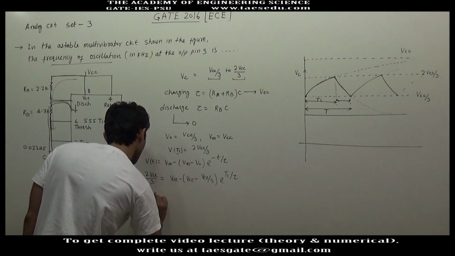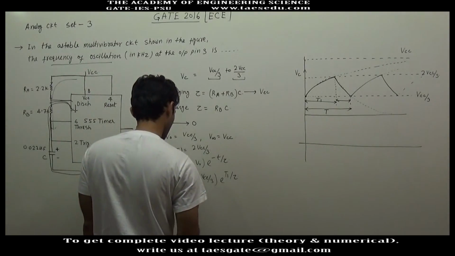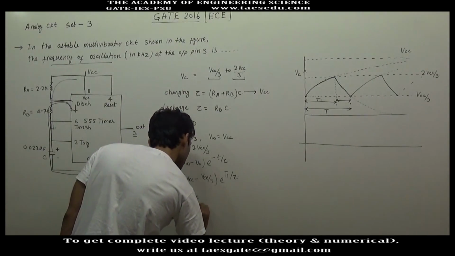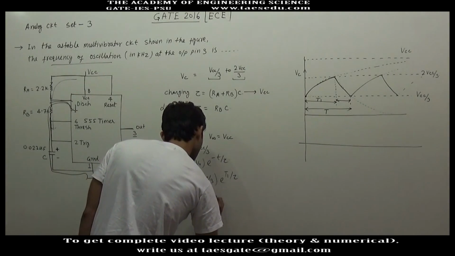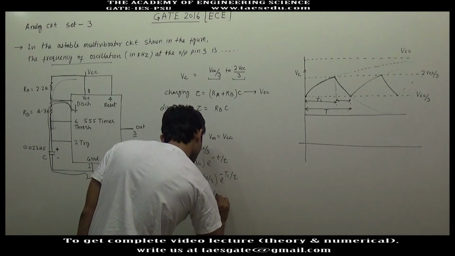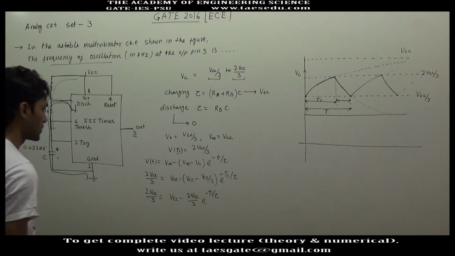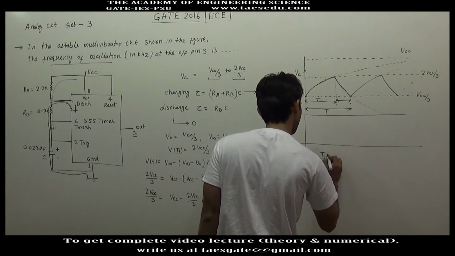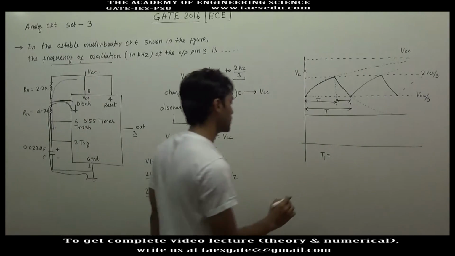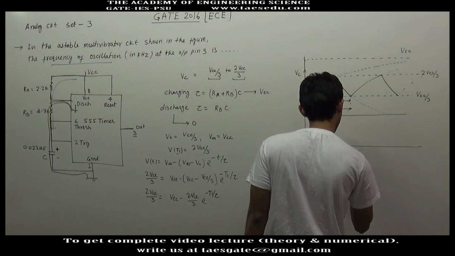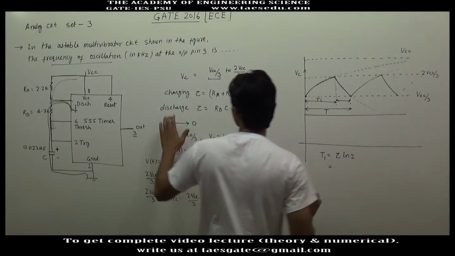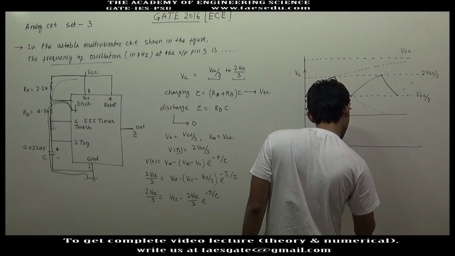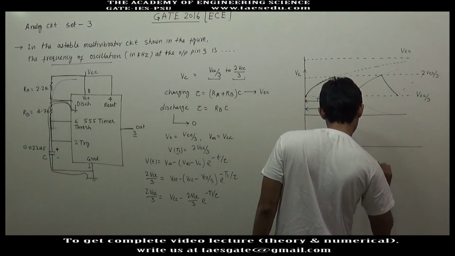This will be 2 VCC by 3 equal to VCC minus 2 VCC by 3 into e to power minus t1 divided by tau. So from here t1 will be tau into ln 2, and tau, the charging time constant, is RA plus RB into C, so T1 is (RA plus RB) into C ln 2.